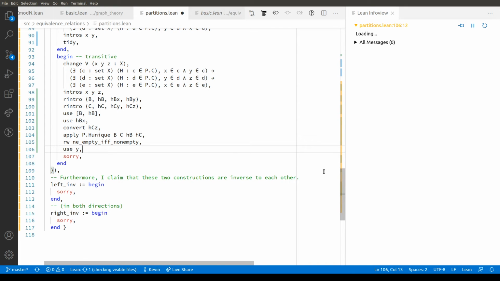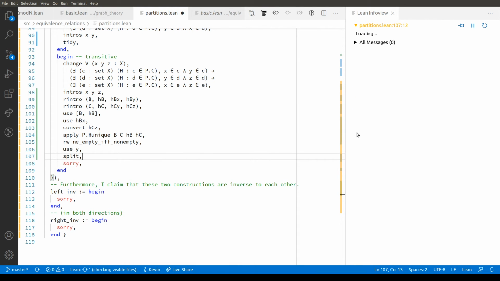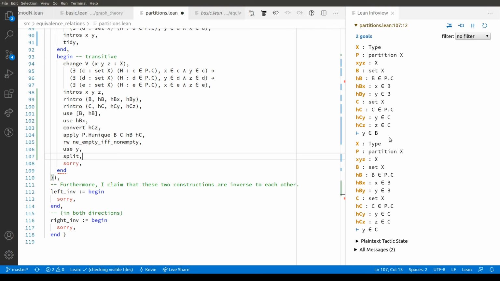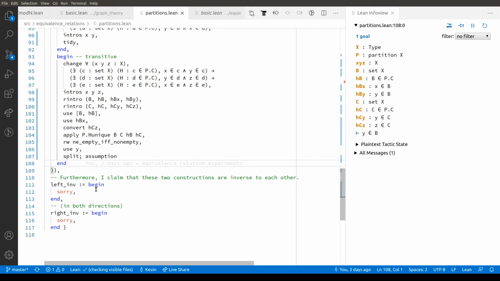And if we use Y, we now have to prove that Y is in B intersect C. So if we split that, we actually have to prove that Y is in B and Y is in C. Both of those are assumptions. So we can just do assumption here. There. Oops. And now hopefully, great. We've proved it, yes, this has worked.